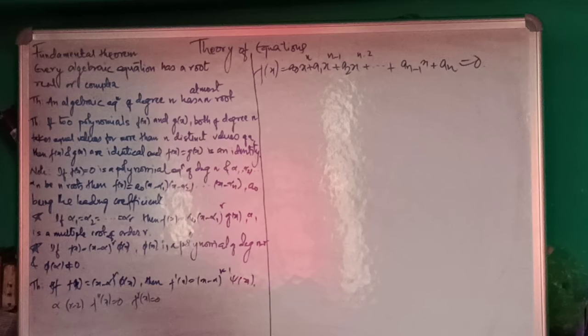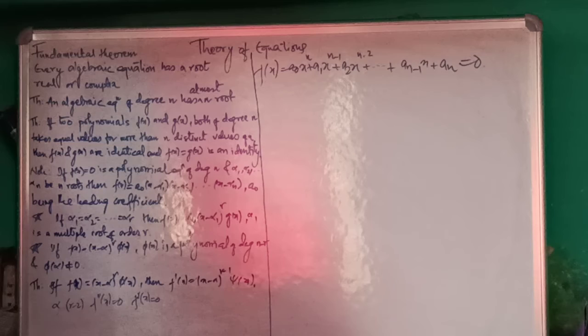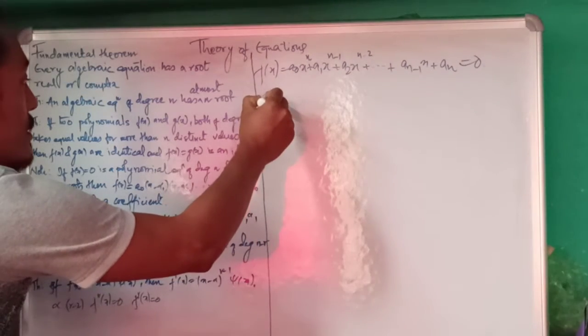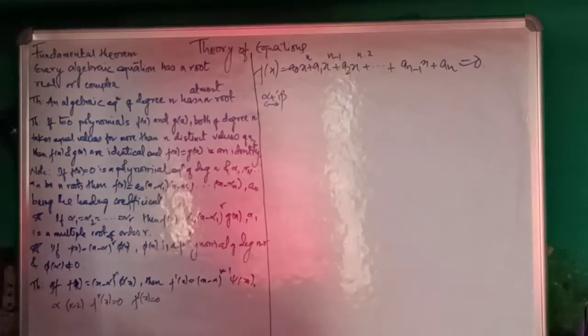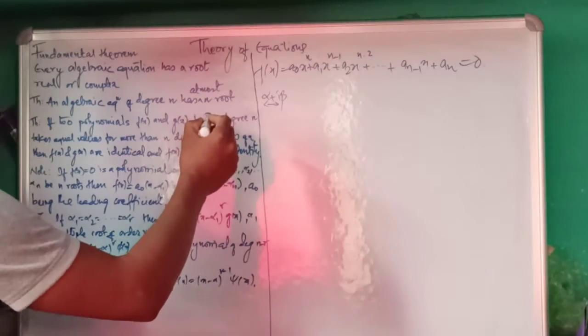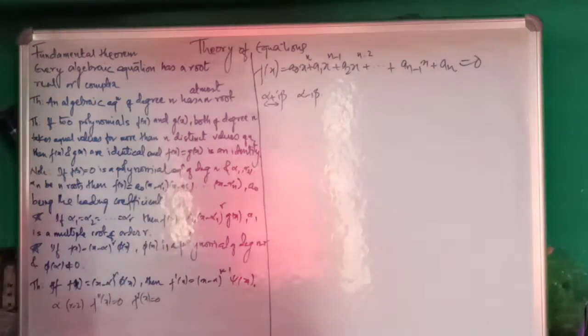Now there are still a few results. If there is an equation with real coefficients, and alpha plus i beta is one root of this equation, then its conjugate, alpha minus i beta, is also a root of this equation.